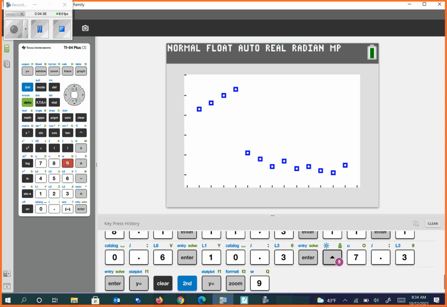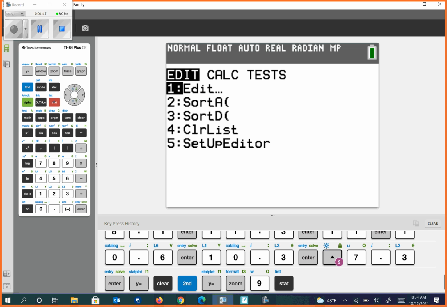Wow. Do I have that plugged in right? That looks a little weird. I'm just going to go back to my stats just to make sure.